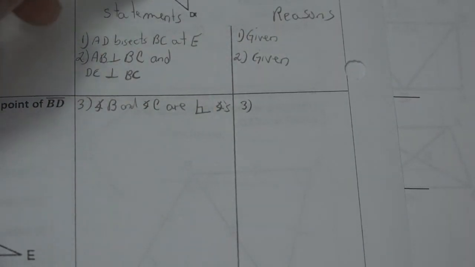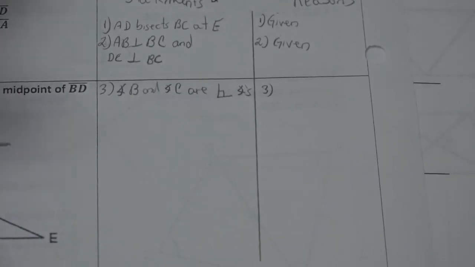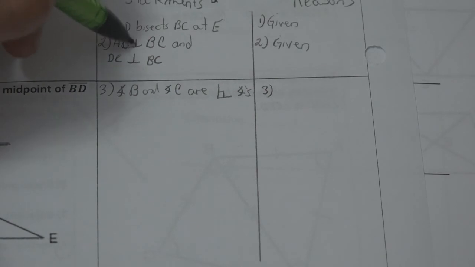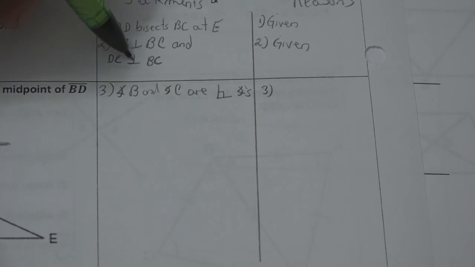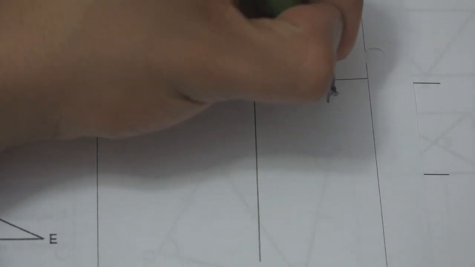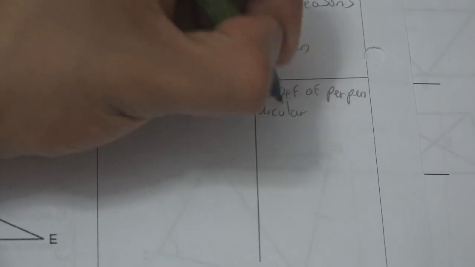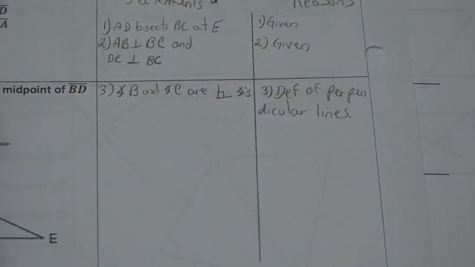So my reason for that, well, how did they become right angles? Easy. They told me that AB was perpendicular to BC and that DC was perpendicular. So therefore, they are right angles because of the definition of perpendicular lines, or segments if you want to.